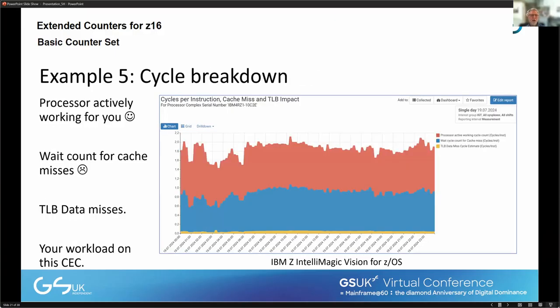So what's also interesting based on extended and basic counters is looking at the breakdown of the instruction cycles for where the cache misses are, how many cache misses percentage-wise or cycle-wise in this case, and when the process is actually actively working for us. What we're seeing here in red is the active working cycles for our workload.